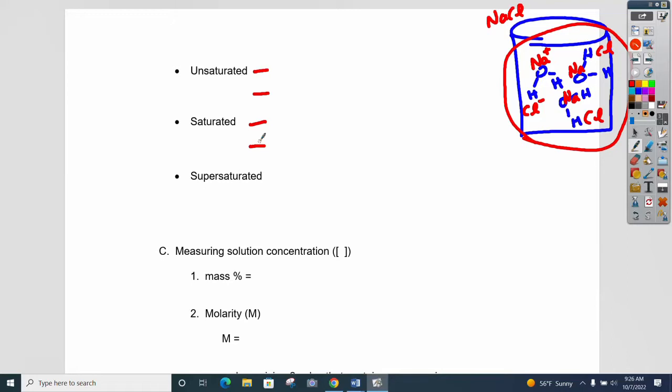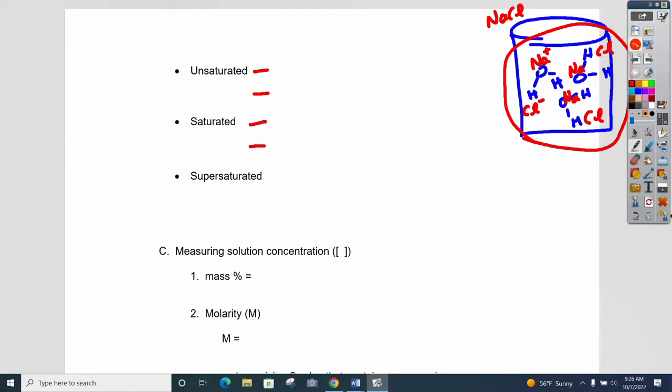If you add too much salt to a cup of water or too much sugar, it just sinks to the bottom and doesn't dissolve. That is a saturated solution. If you add more solute, it remains a solid and either sinks to the bottom or, based on density, might float on the top, but it's not going to dissolve. So you will physically see extra solid in that solution.